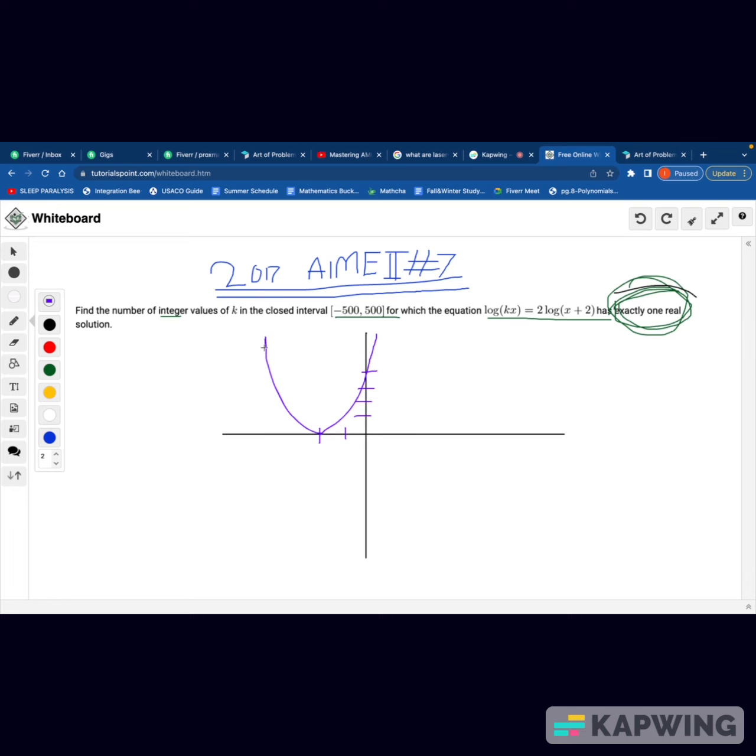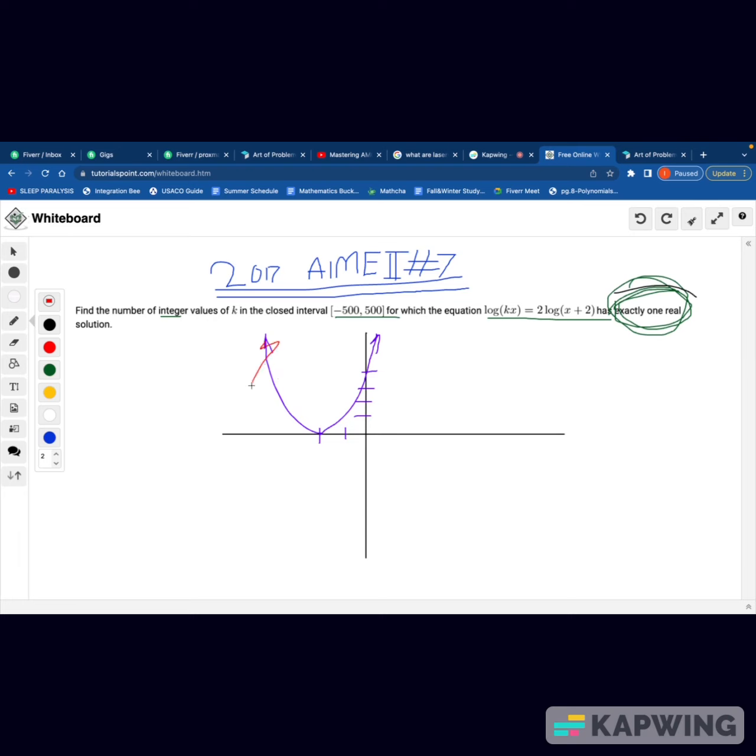And the other equation is y = kx. Since x + 2 must be positive, we need x greater than -2, so it must be on the right side of the vertex.